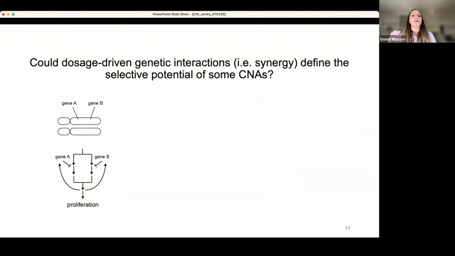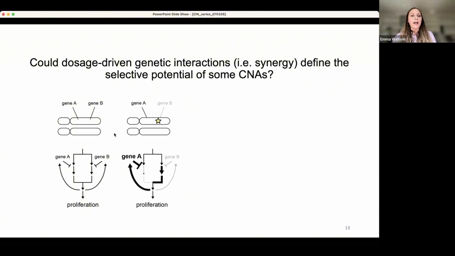And so we wondered whether dosage-driven genetic interactions, such as synergy or epistasis, could potentially be defining some selective potentials for some CNAs. And so what would this look like? So let's say there's this circuit here. It consists of parallel negative feedback loops involving gene A and gene B. So what happens when you lose one gene to a mutation?